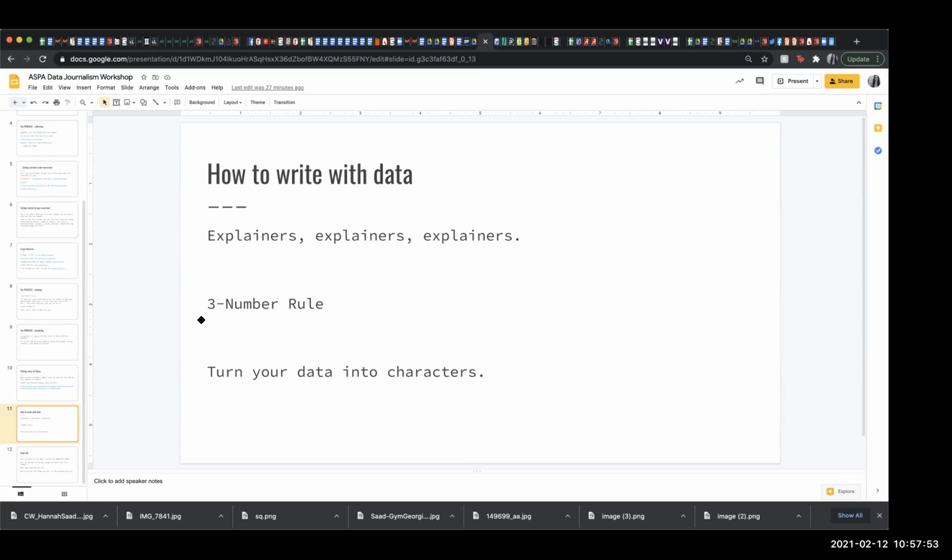because you're in this new territory right now, right? You have all of these new terms, all of these numbers that you have to break down for people to understand. So spend a lot of time. The three-number rule: try not to have more than three numbers in a single chunk, because at that point it just gets to be a lot and it kind of goes over people's heads.